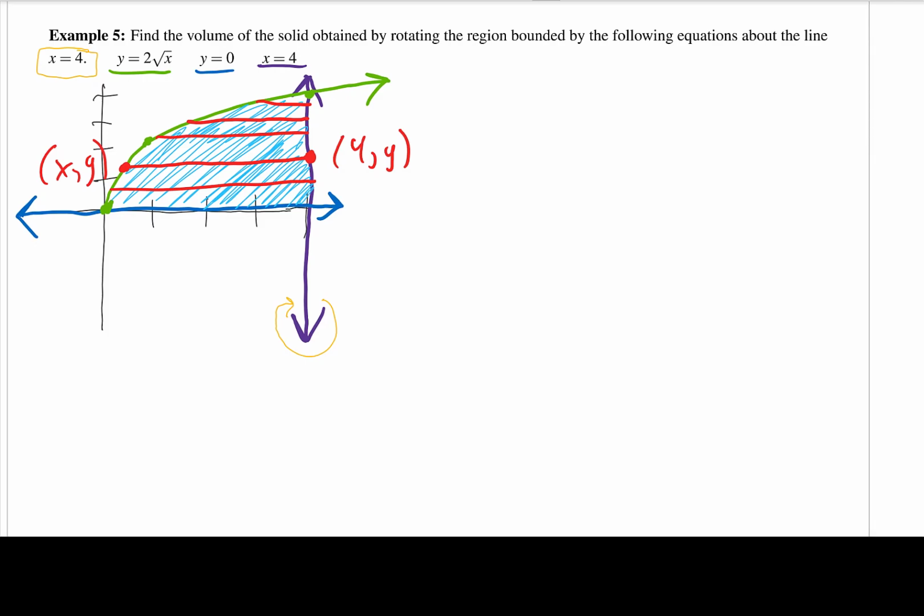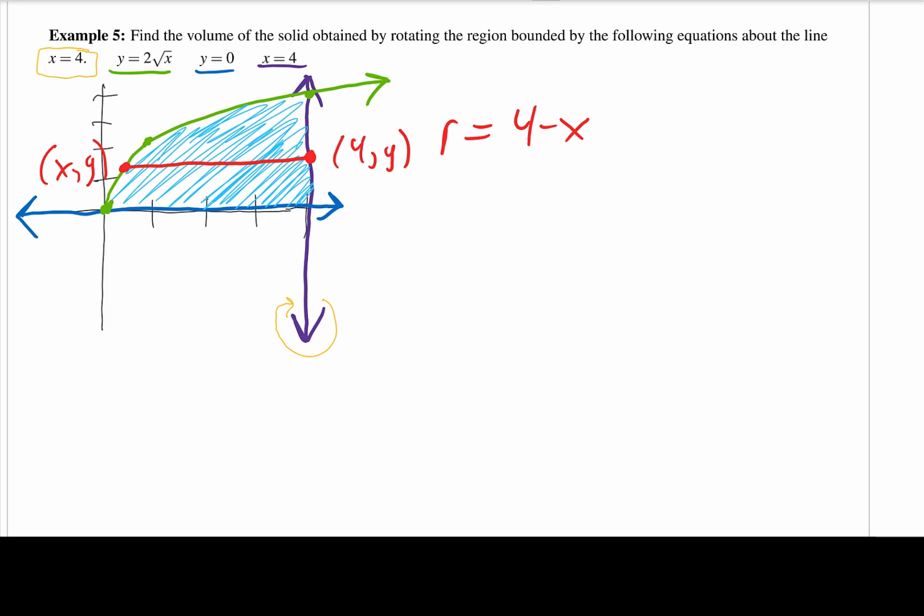So that means we don't want to do x minus 4, because x minus 4 would give us a negative number. Instead, we want to do 4 minus x so that we get a positive number, because our length should be positive. Or, well, it better be positive, not should be. All right. So we can say that the radius, r, equals 4 minus x.